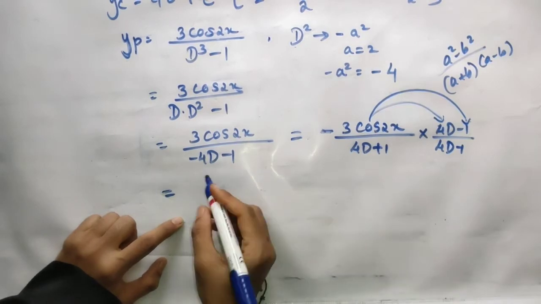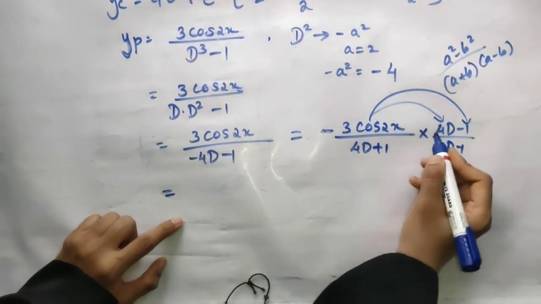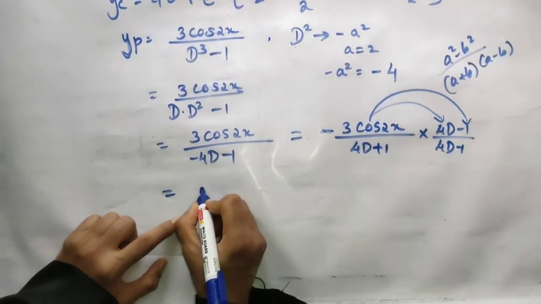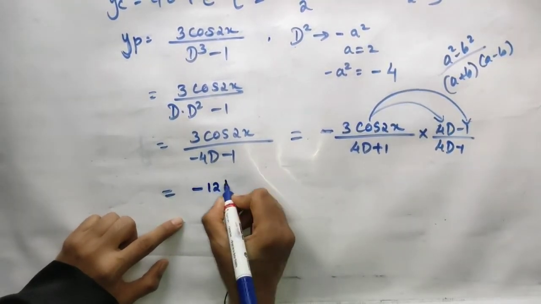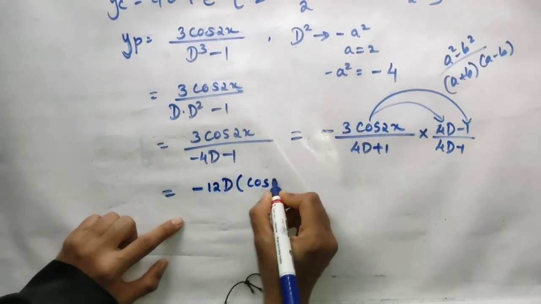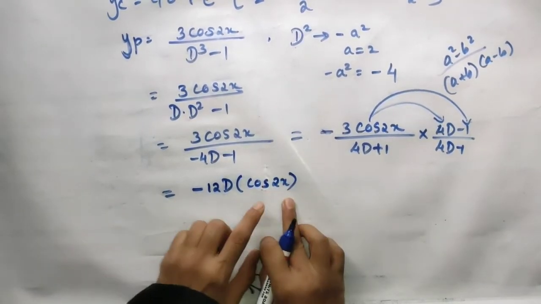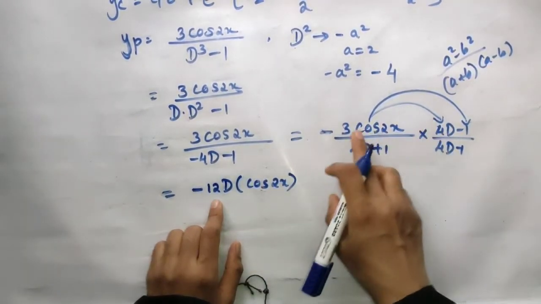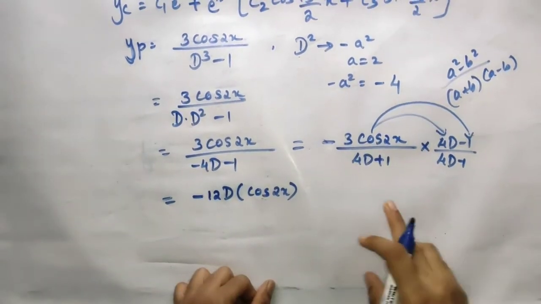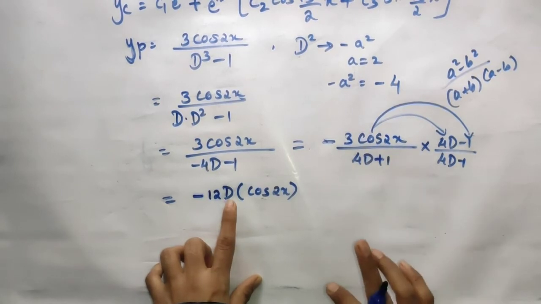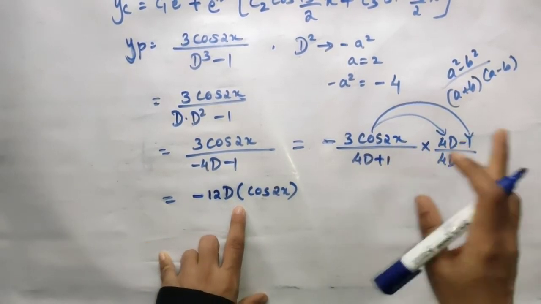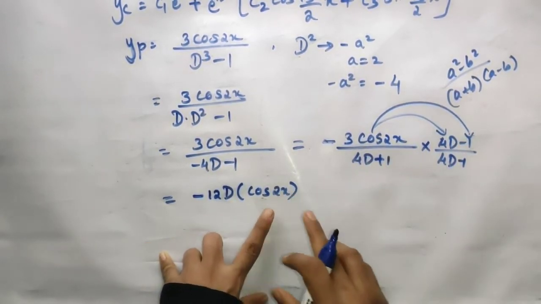Simple multiplication: minus 3 into 4 gives you minus 12 D of cos 2x, the derivative of cos 2x. It is not simply D. When you multiply D, it means D of cos 2x. Please understand that it is D by dx of cos 2x actually.